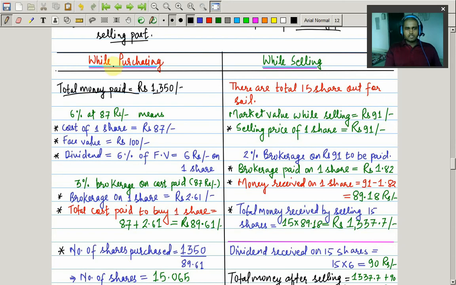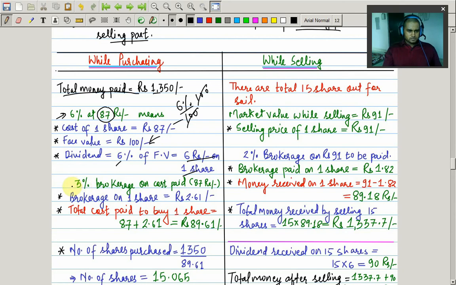This was the cost when I was buying those shares. So the cost of one share is rupees 87, face value default is rupees 100, and the dividend is 6% on face value. So what is 6% of face value? 6% of 100 is rupees 6, so rupees 6 on one share.